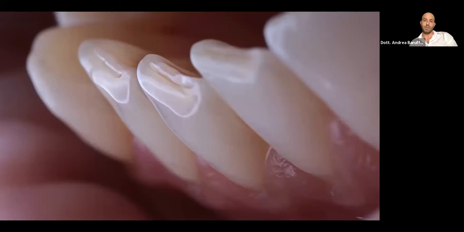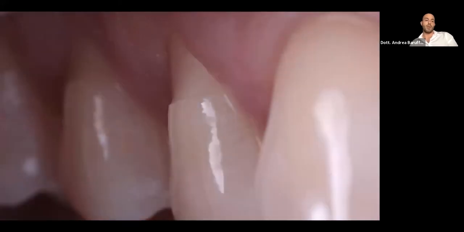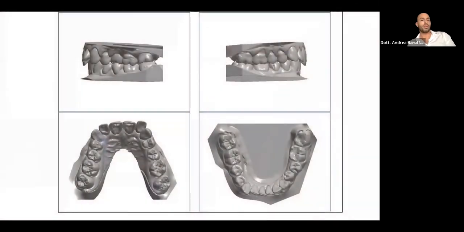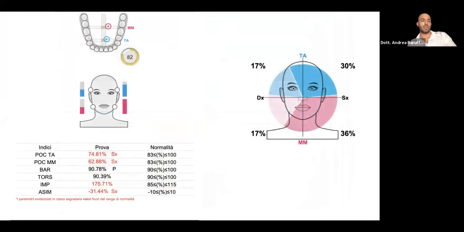We can see this abrasion and this abfraction. We took a digital impression, and look at the upper arch, how contracted it is in the lateral region, and she underwent orthodontics.